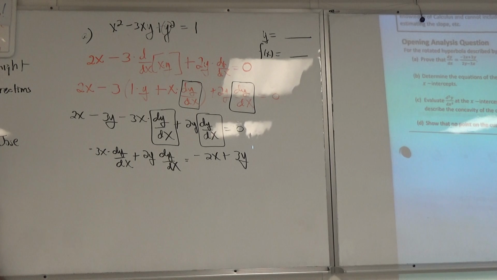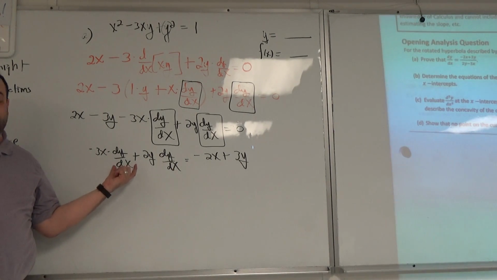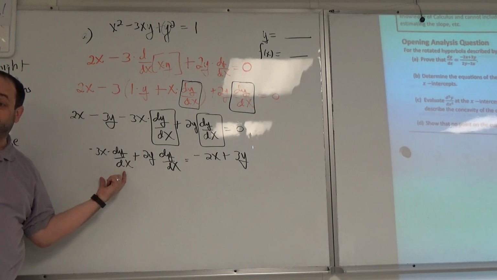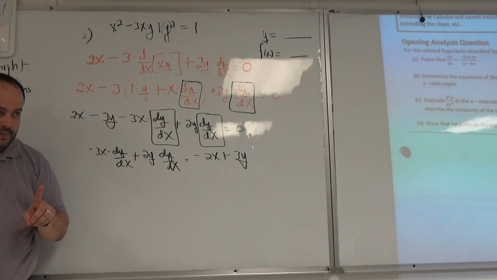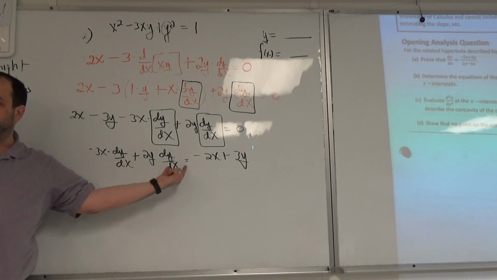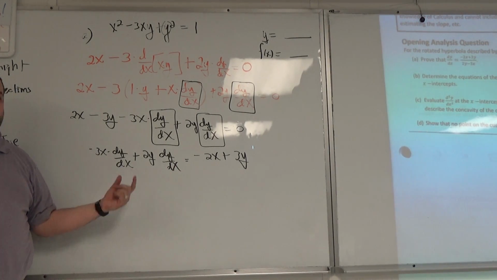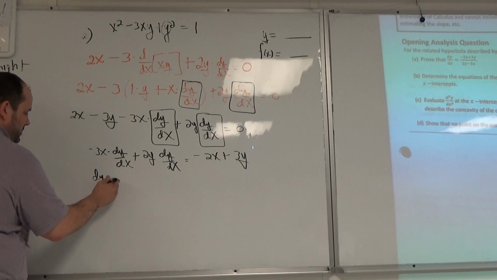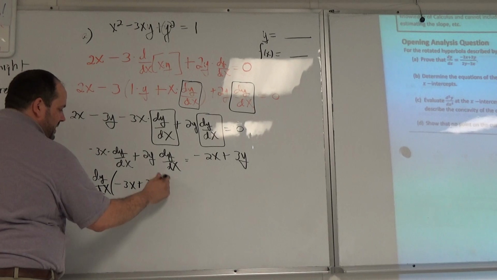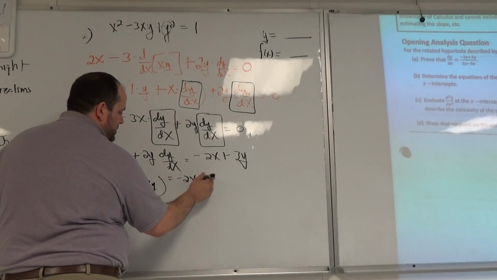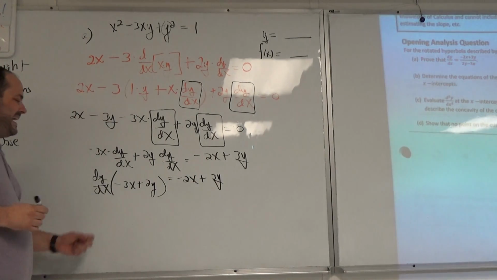Before I would divide by this negative 3x plus 2y, I want to bring you guys back to the fact that we kept the terms that have a dy dx together on the same side. Not so that we can combine them, but so that I can factor this out. The dy dx is a common factor. So we've got dy dx times negative 3x plus 2y equals negative 2x plus 3y.